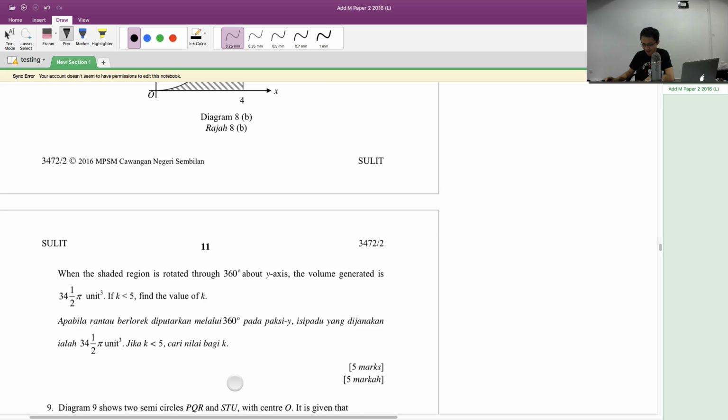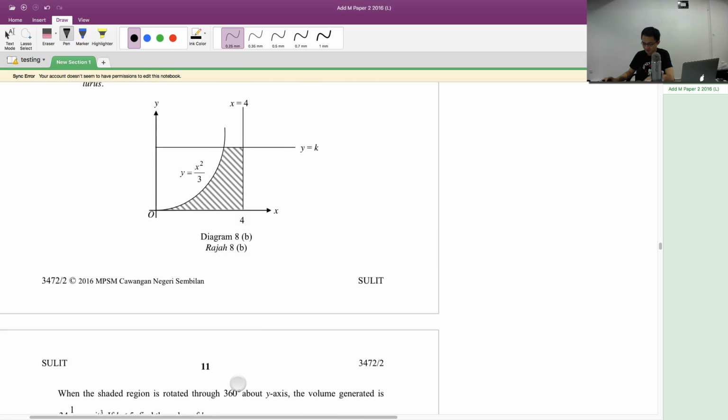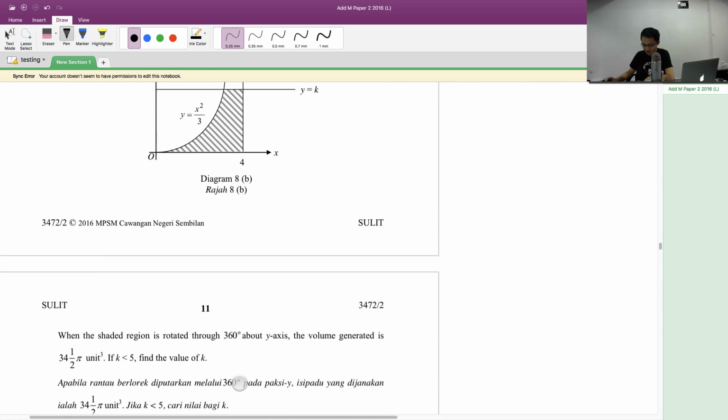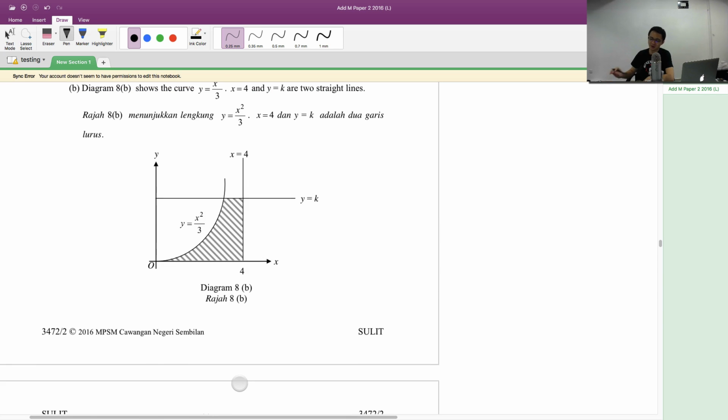Okay, this one is hard. But yeah, let's try to do this one. Basically they ask you to find the volume when the shaded region is rotated. What I want you to see is, I will rotate the whole rectangle 360 degrees about the y-axis, and then I will rotate the curve 360 degrees about the y-axis.